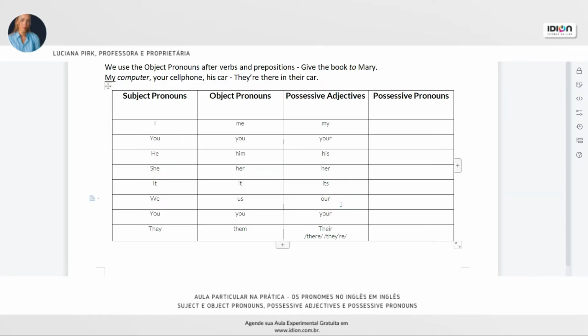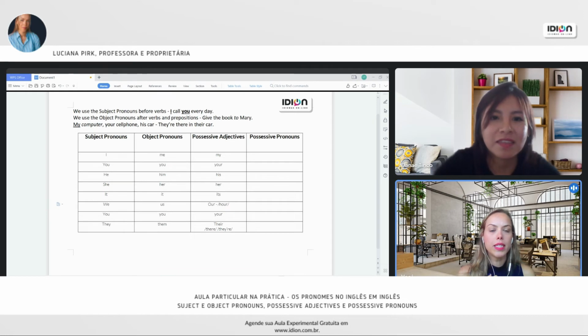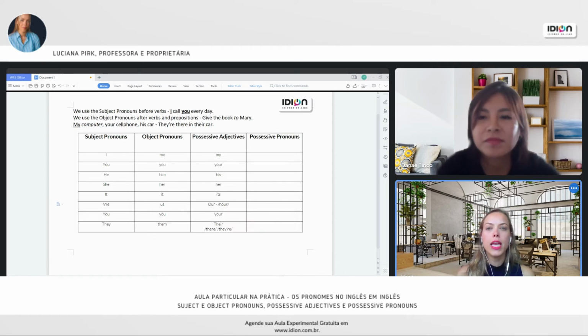And we pronounce it like this, right? Like the word hour for time, but it's very common, especially in long sentences when you listen to natives speaking more fluently, that they don't make all these sounds like our. They say kind of like our. It's our house. It's not necessarily like we say here or there.